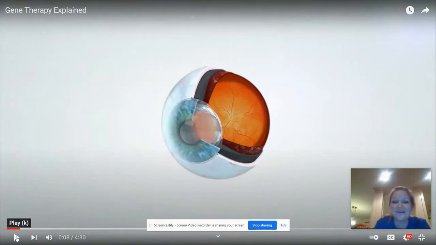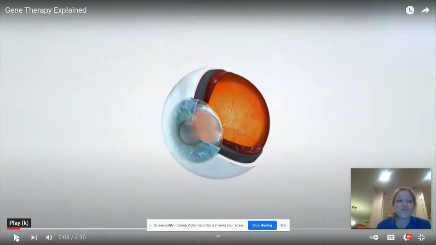Gene therapy is a biotechnological process where doctors are able to isolate a gene that has a mutation, and they're able to insert a correction using DNA.